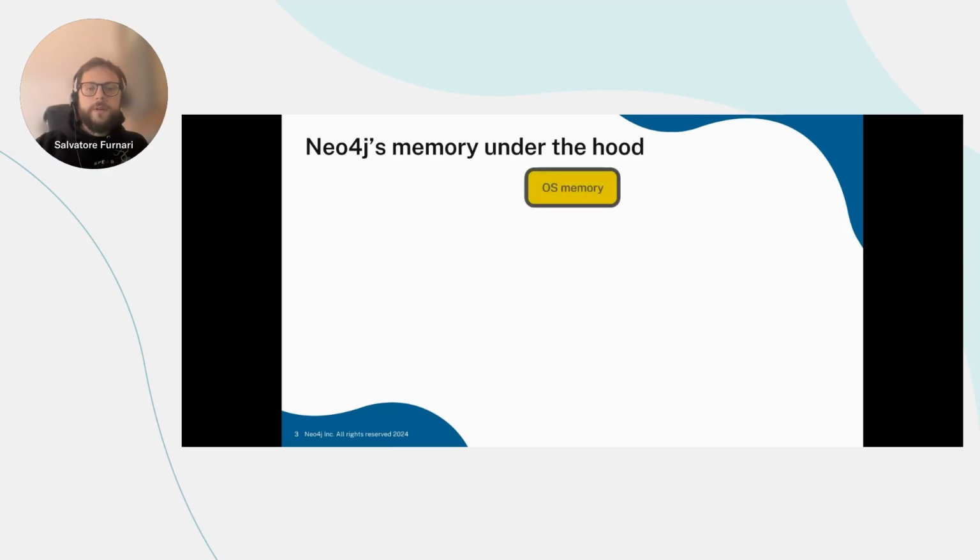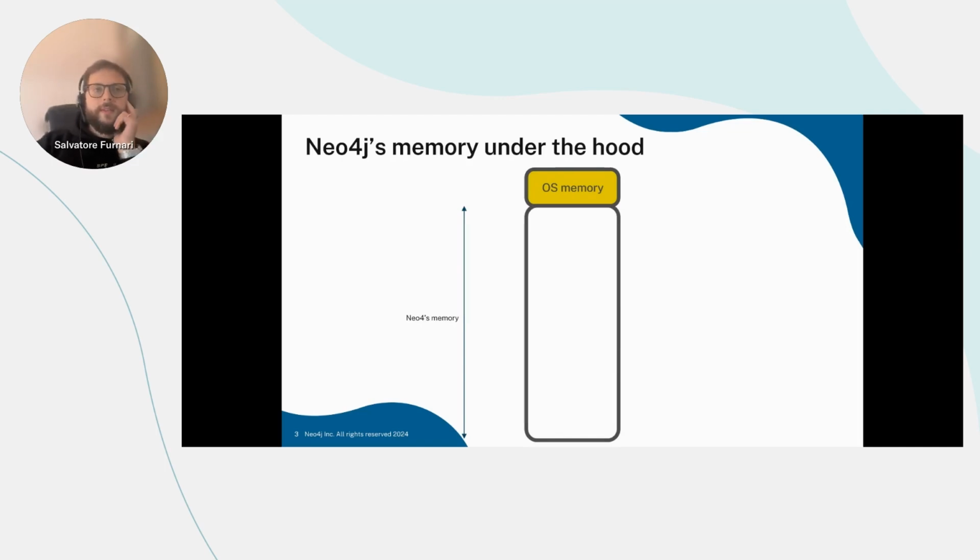We know that in the very end, Neo4j is a Java process, so it runs in a Java virtual machine. So we can see its memory. We can divide its memory into two areas: off-heap memory and on-heap memory.